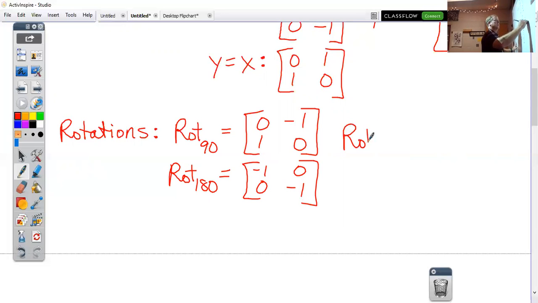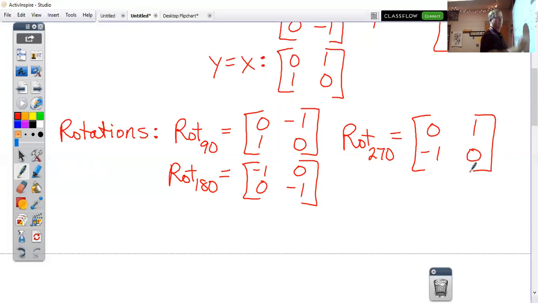And a rotation of 270 is 0, 1, negative 1, 0. Okay? This is the info you need to keep handy while you're doing our problems. Okay? I don't mind you looking at them. Everybody good?